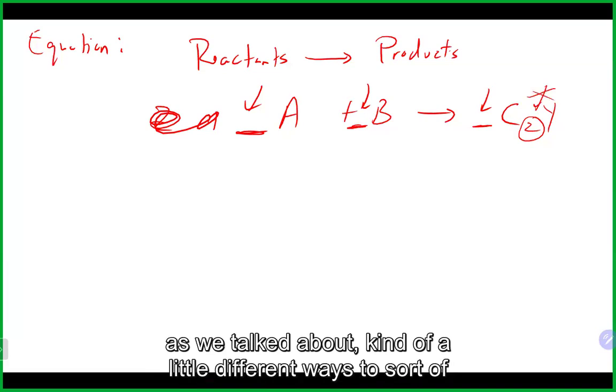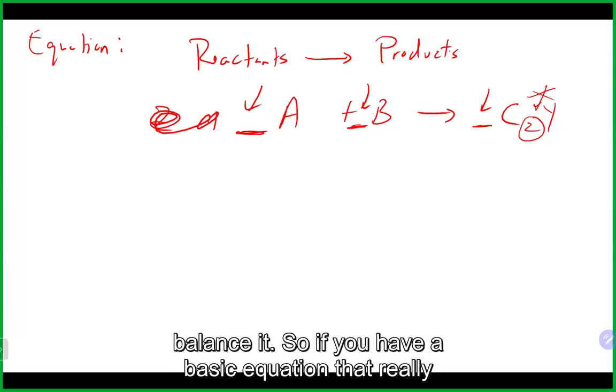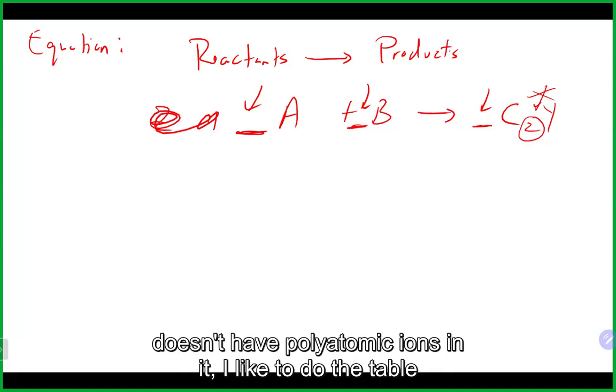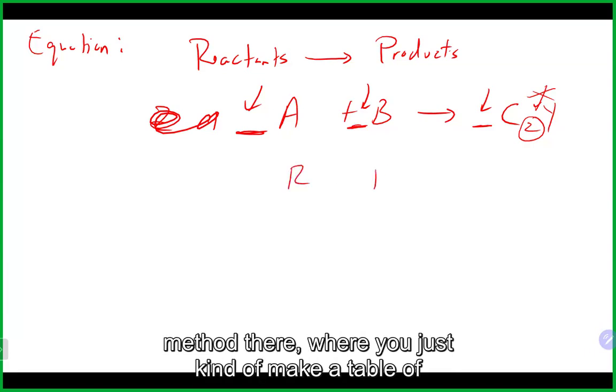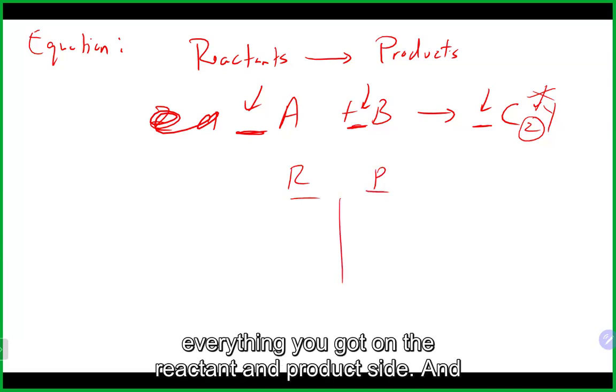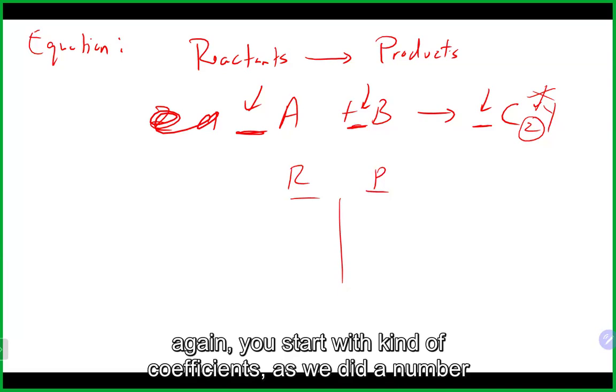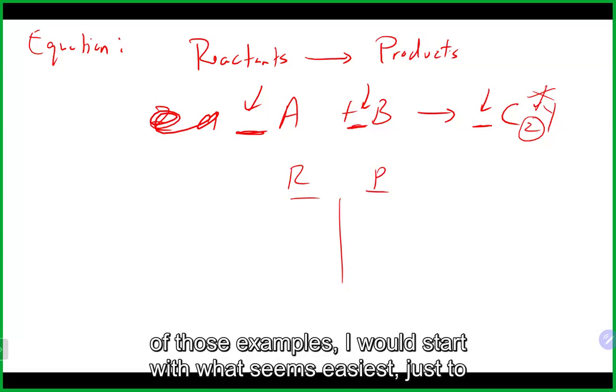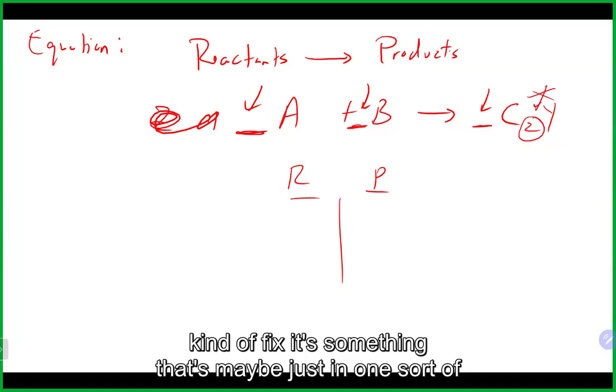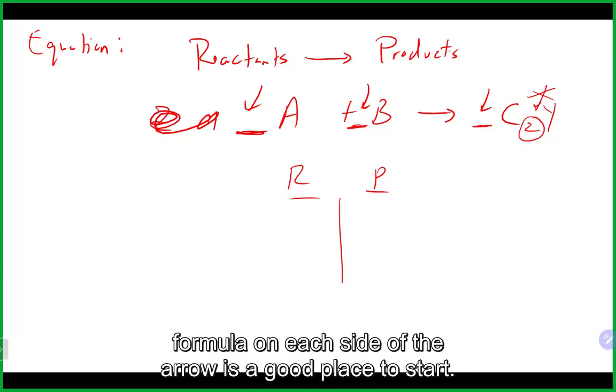As we talked about, there are a few different ways to balance it. If you have a basic equation that doesn't have polyatomic ions in it, I like to use the table method, where you make a table of everything you have on the reactant and product side. Then you start with coefficients. As we did in a number of those examples, I would start with what seems easiest to fix, something that's in just one formula on each side of the arrow.